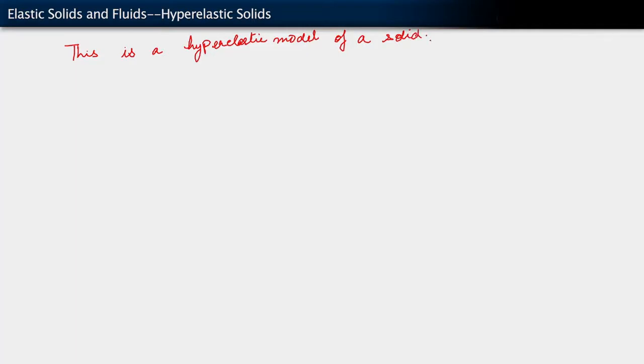So this is a hyperelastic model of a solid, but equivalently we can do something like this for a fluid as well. Okay, and here's why.